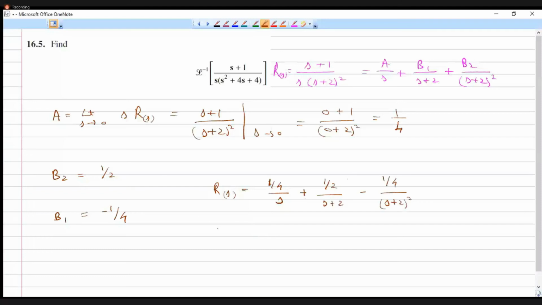So what is R of t? This will be 1 by 4, and this will be 1 by 2 e power minus 2t. What about this? Which property can you use? You know that L of t is equal to 1 by s square.